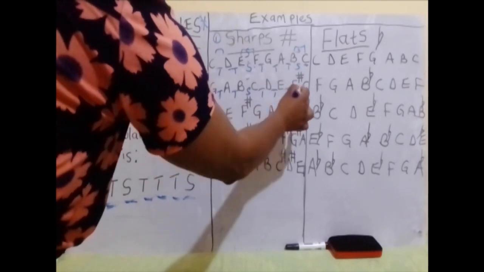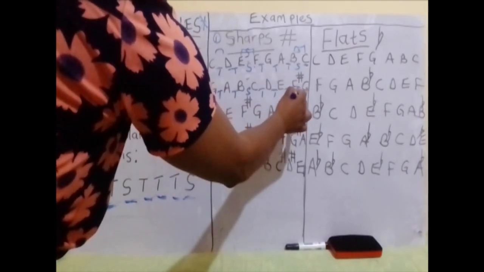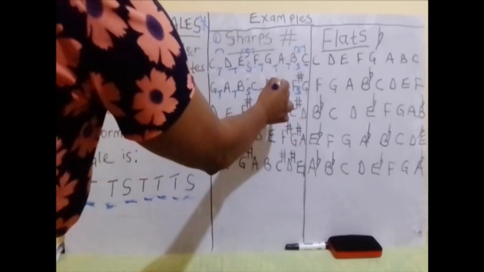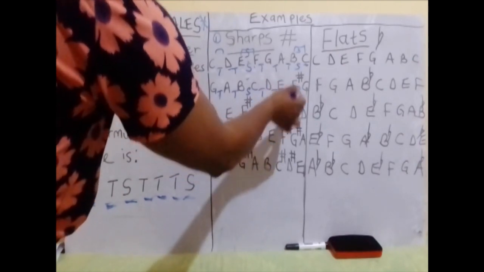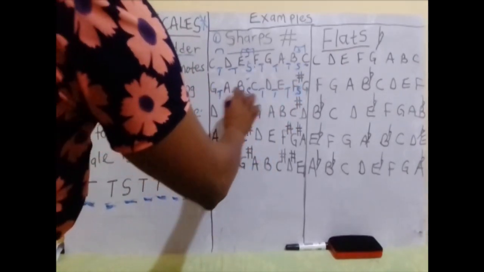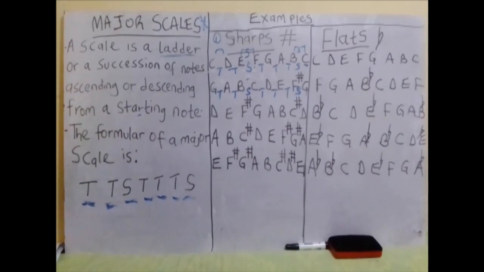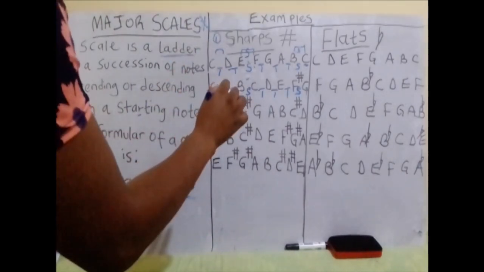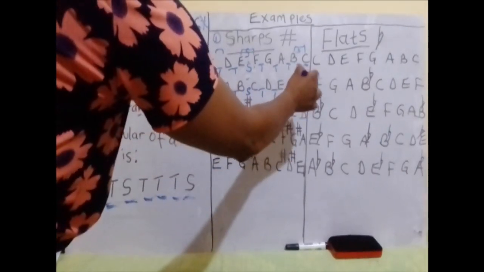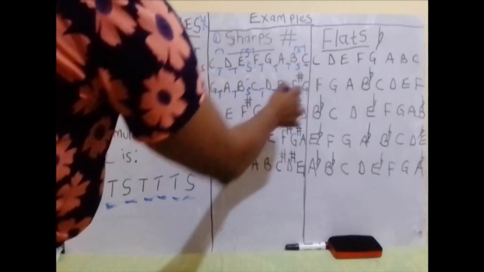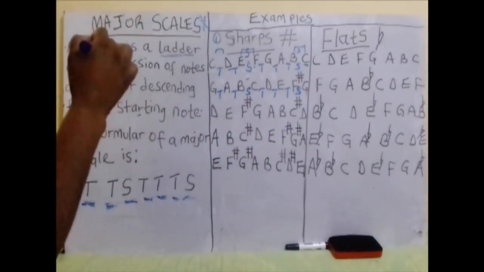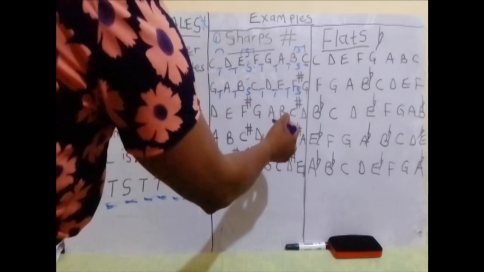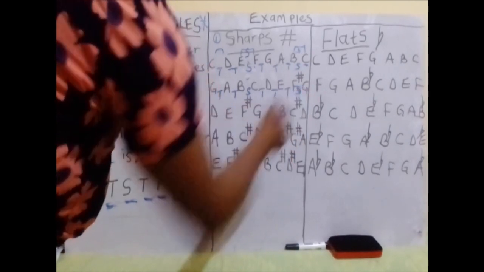It becomes a tone in order to get that formula. You can't change the formula, but you can alter the note so that it can fit the formula. So we have raised the F so that here we can have a semitone, and then here we can have a tone so that you can get the formula.